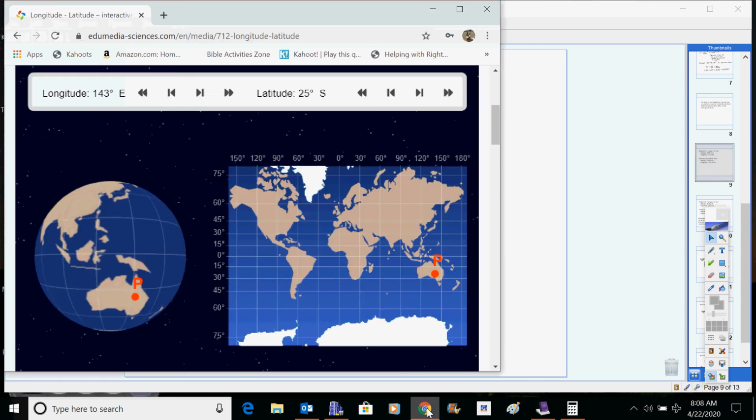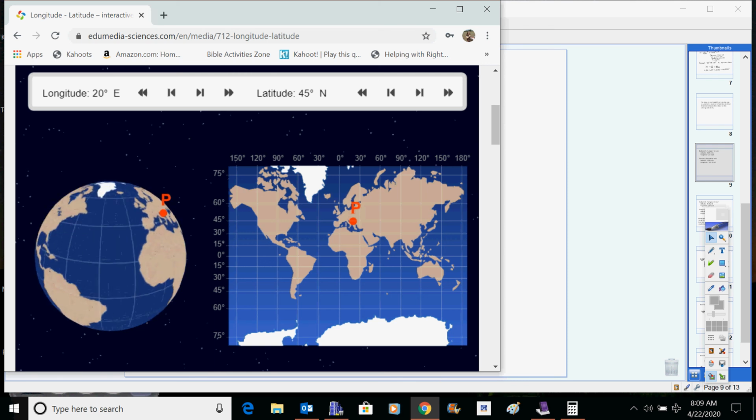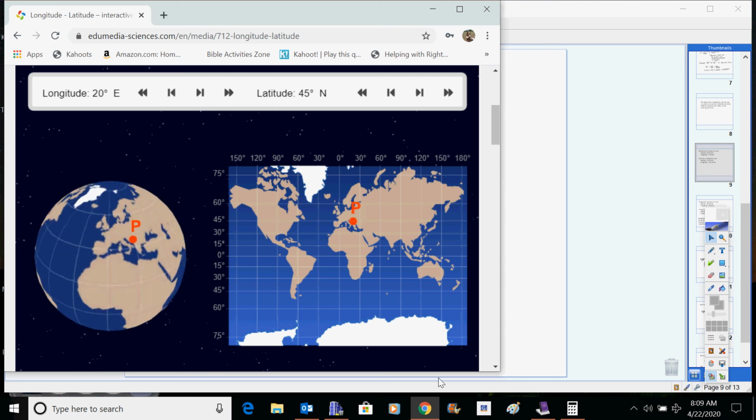So let's look at 45 north, 20 east. 45 north up here, and 20 east would be about here. I can spin my globe and take a look. So it's 20 to the east.